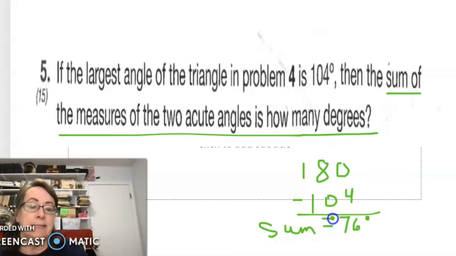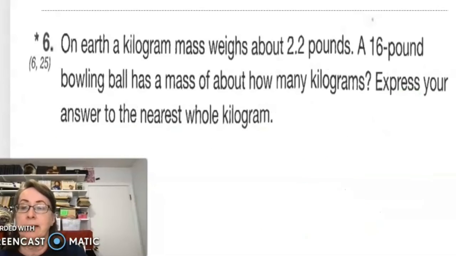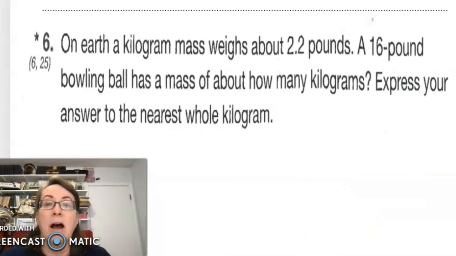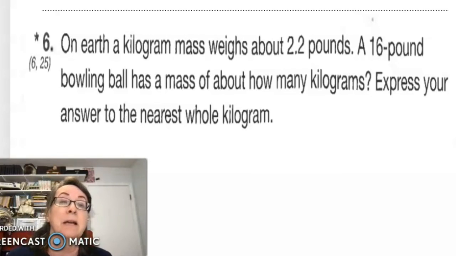equals 76 degrees. Number 6, on Earth, a kilogram mass weighs about 2.2 pounds. A 16-pound bowling ball has a mass of about how many kilograms? Okay, express your answer to the nearest whole kilogram.